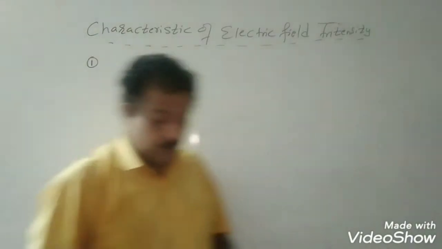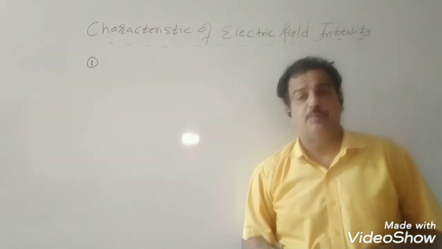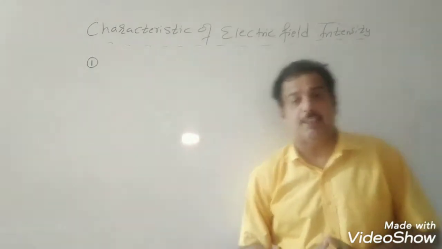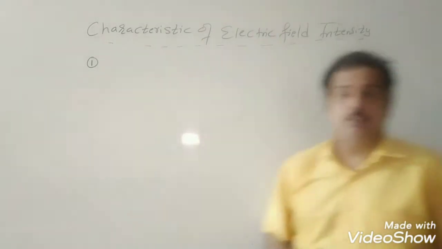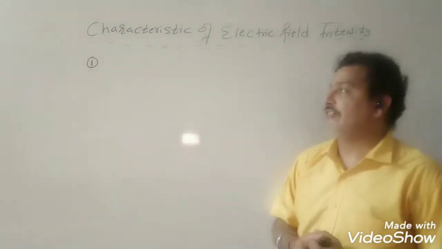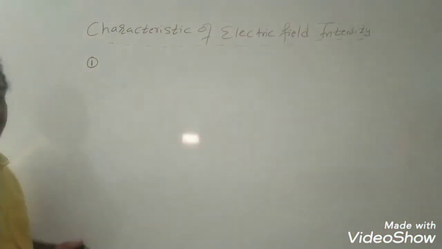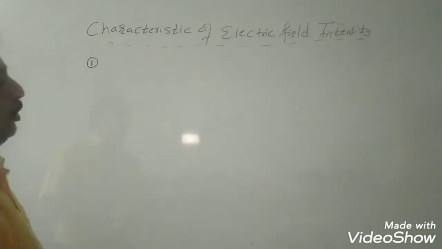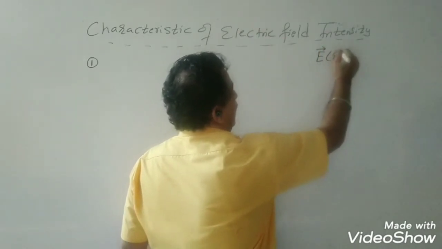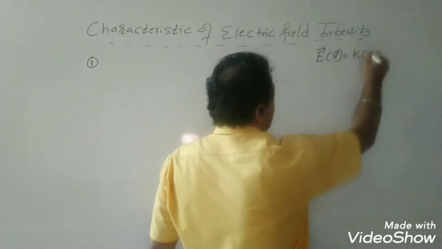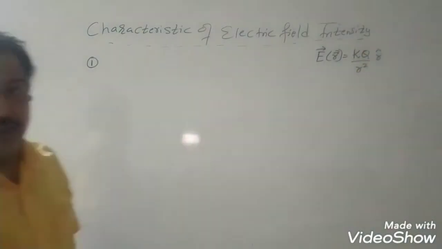Number one, two definitions we have already given: the charge which produces the electric field around it is called the source charge, and the charge which is used to determine the intensity of the electric field is called the test charge. So we are not writing it again in the characteristics. We move further. Now if you have observed the formula for electric field intensity, again and again I am saying K times the source charge upon the distance between test and source squared, and the direction.